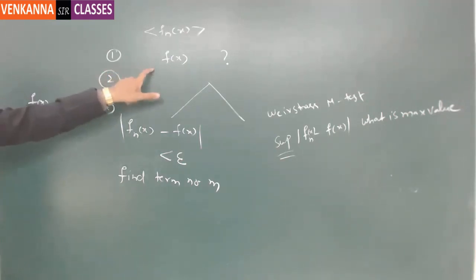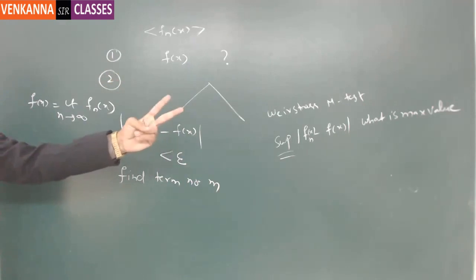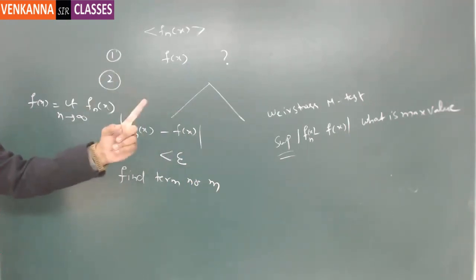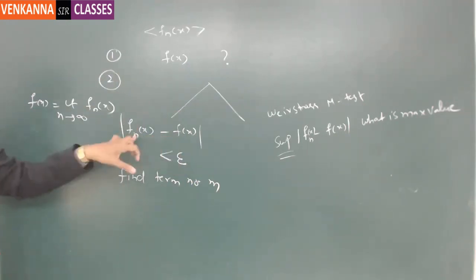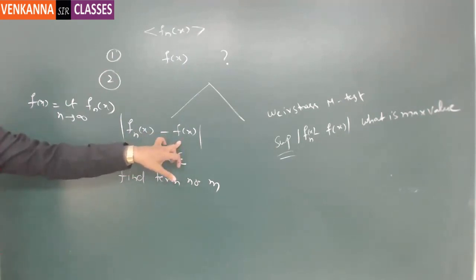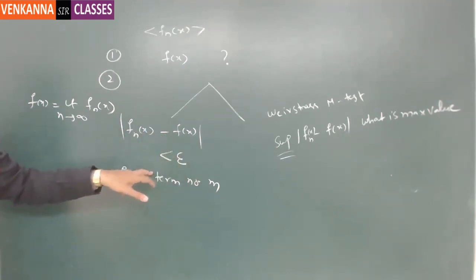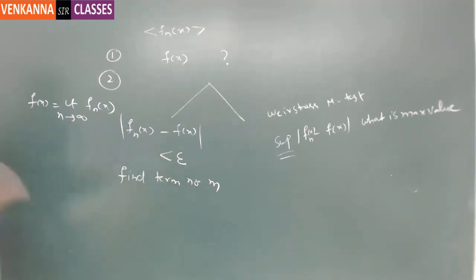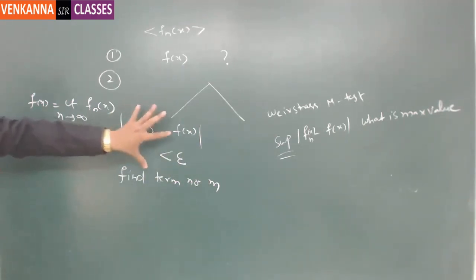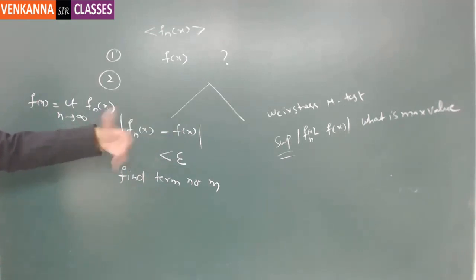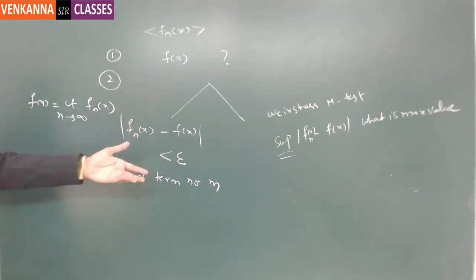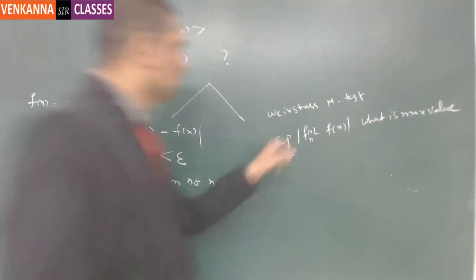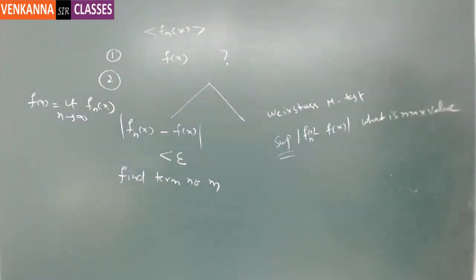After finding f of x, we have two methods or two procedures. What is the first procedure? You take the two things, the given function and the limit function. Take that the difference is less than epsilon. Simplify the expression and try to find a term number. Second, always using this technique is not possible, as it involves a lot of simplification. So we use the Weierstrass m-test.